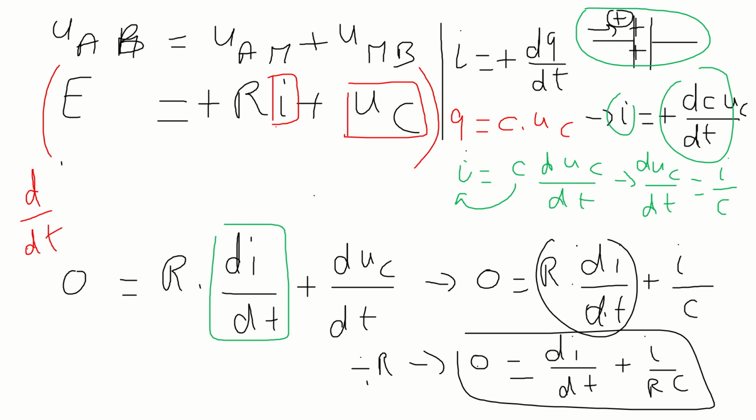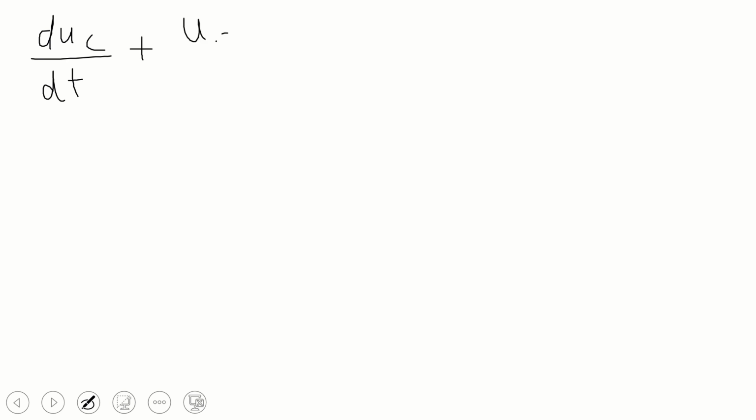Now, what about the solution of the differential equation? Let's consider the first differential equation in UC: derivative of UC as function of time plus UC divided by RC equals E over RC.